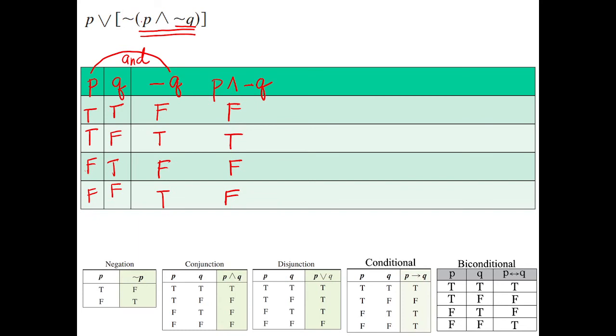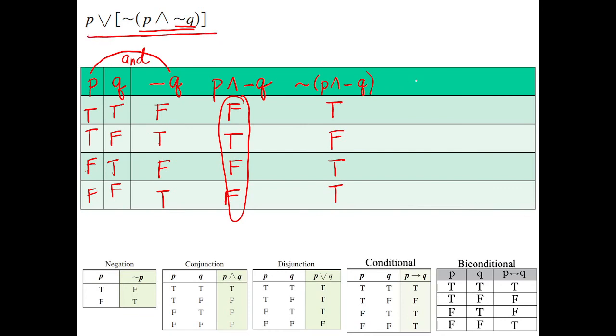Sir, there is a negation outside the parenthesis. So next is the negation of P and not Q. For this column, negate, get the opposite. So what will I write? True, false, true. Correct.